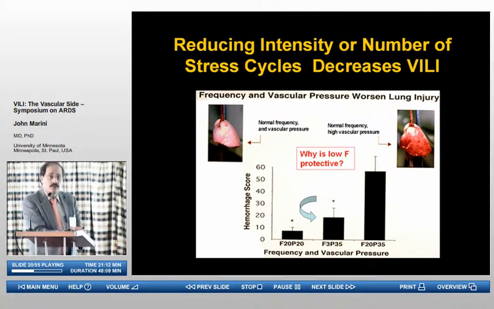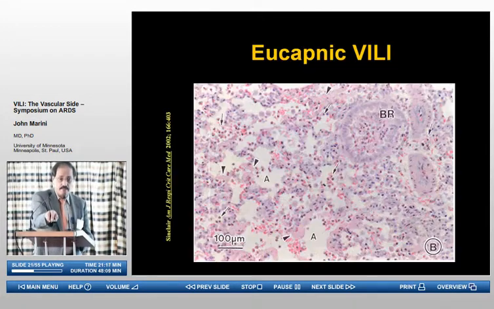Why is reducing frequency protective? Still haven't answered that question exactly.